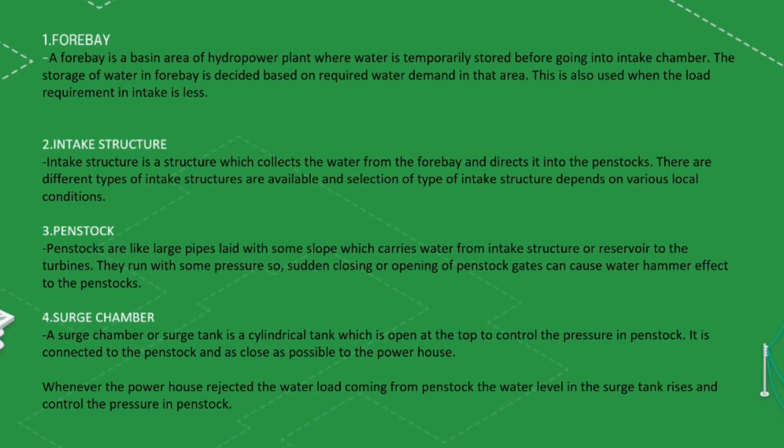The main components in a hydroelectric plant are as follows. The first one is a forebay. A forebay is a basin area of a hydropower plant where water is temporarily stored before going into the intake chamber.